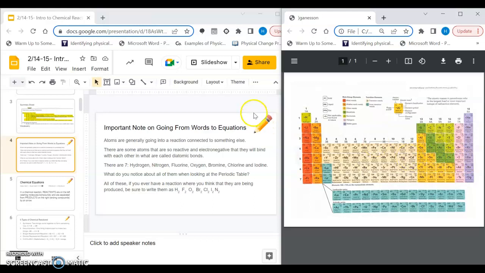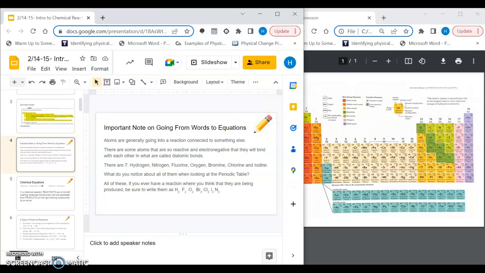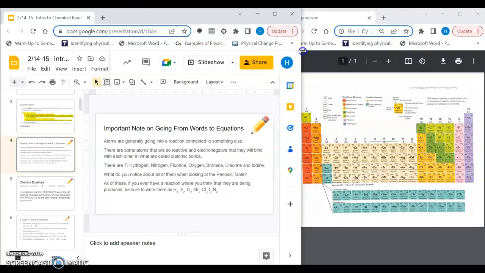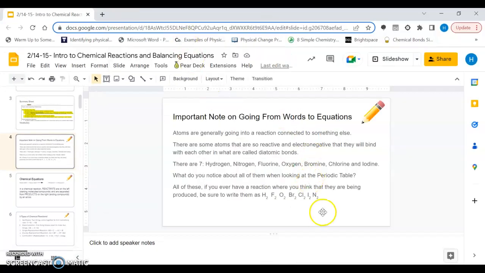And I just wanted to make sure that that didn't get lost in the rest of the unit or the rest of today's lecture. So anytime you see hydrogen gas, chlorine gas, nitrogen gas, etc., that's going to be a diatomic molecule, which means it's written as H2, O2, etc.